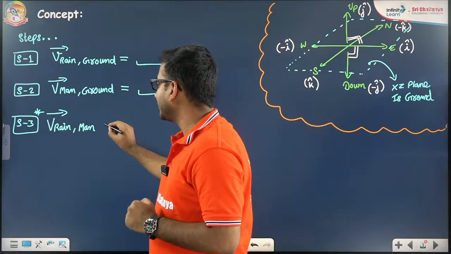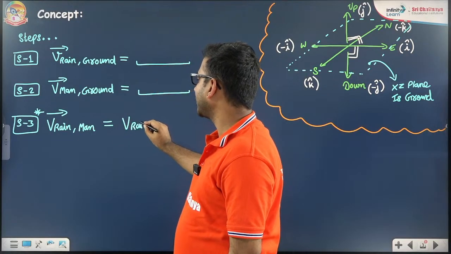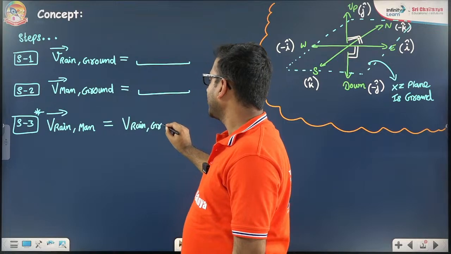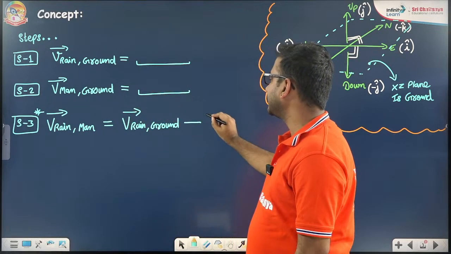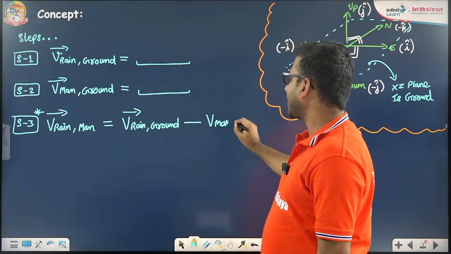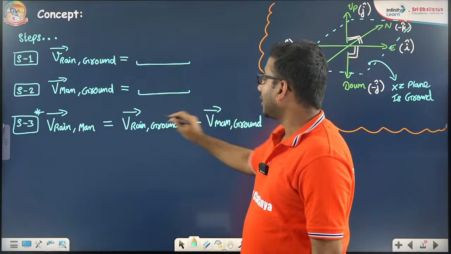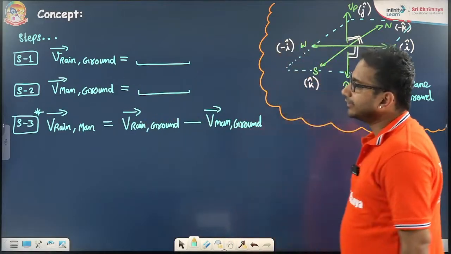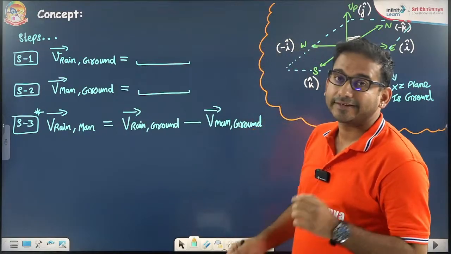So velocity of rain with respect to man, by formula, can be written as velocity of rain with respect to ground, which you have already written over here, minus velocity of man with respect to ground. These two are already written or portrayed diagrammatically in step 1 and step 2. Then you have to do the vector subtraction.